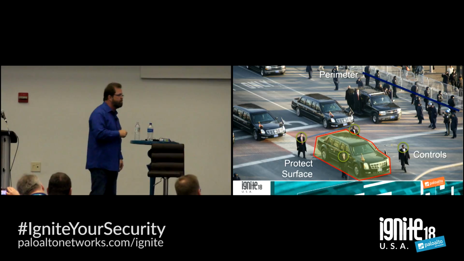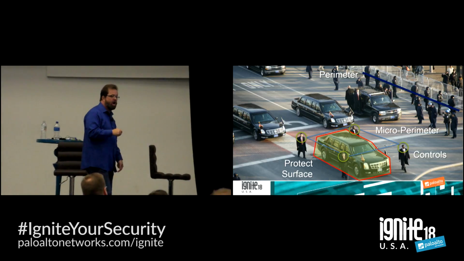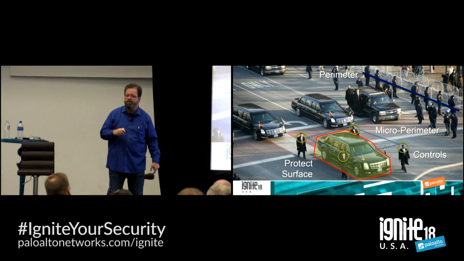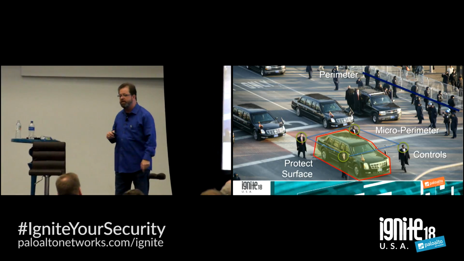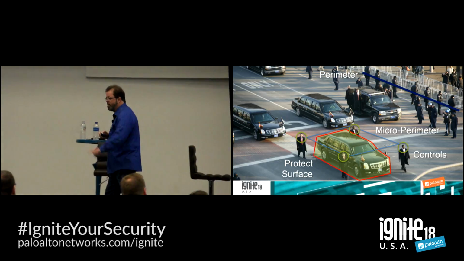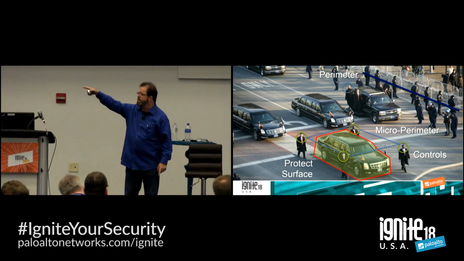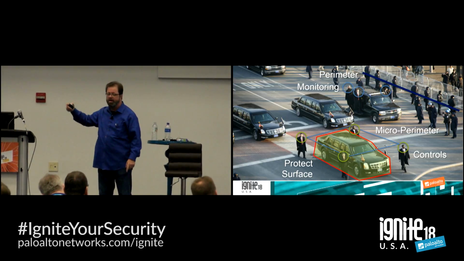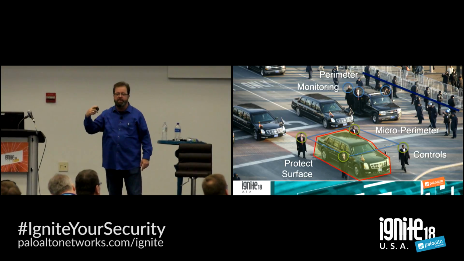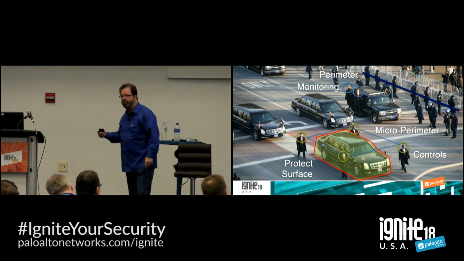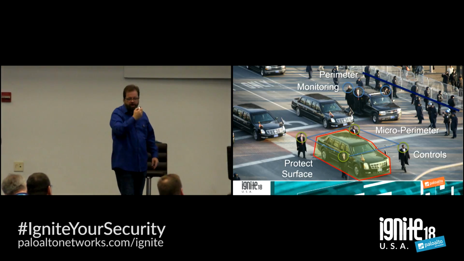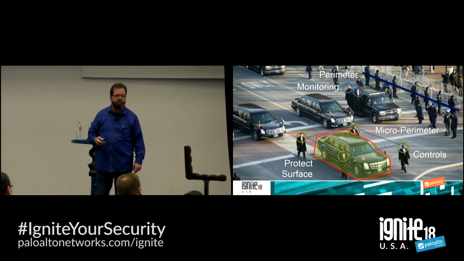And when we do that, we can define a microperimeter around that in policy so that we control what gets in and out of that protect surface. But we're not done there. They're not done there. What they do is they continuously monitor and update that. And then they change policy in real time. When you see somebody talking into their wrist, they're not just a crazy person.